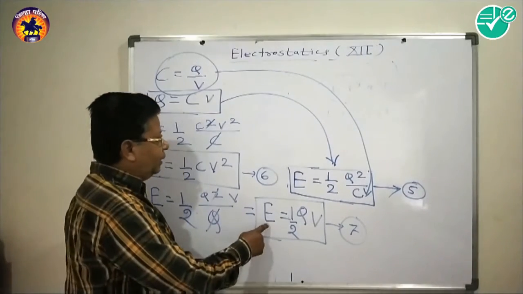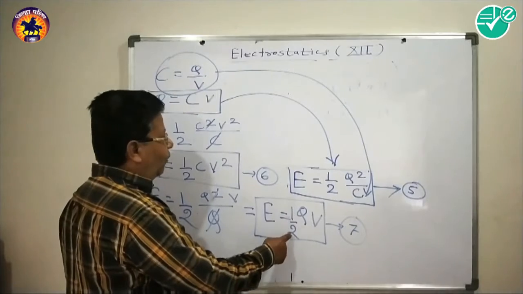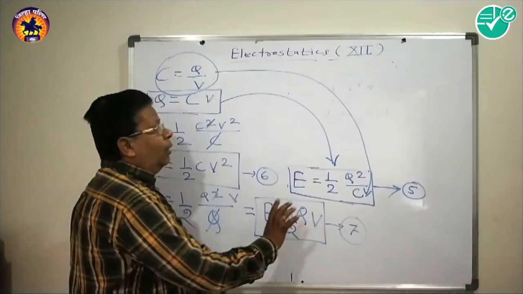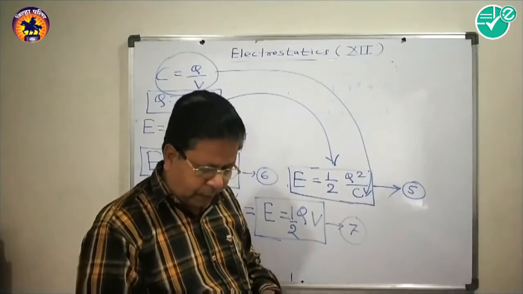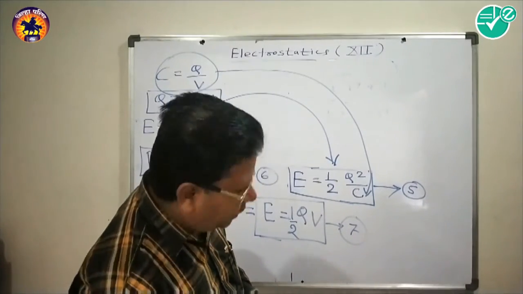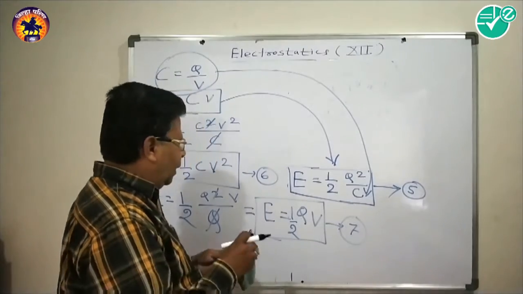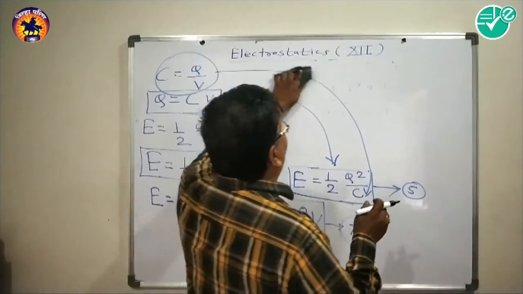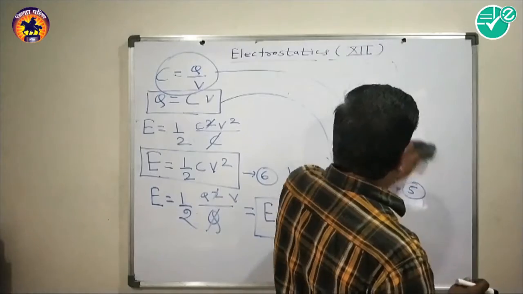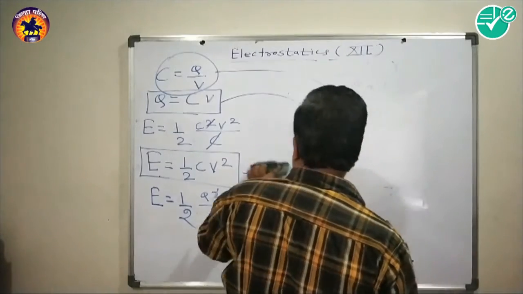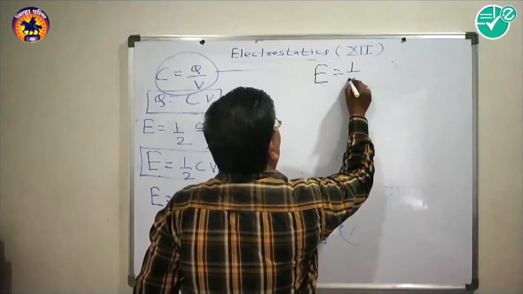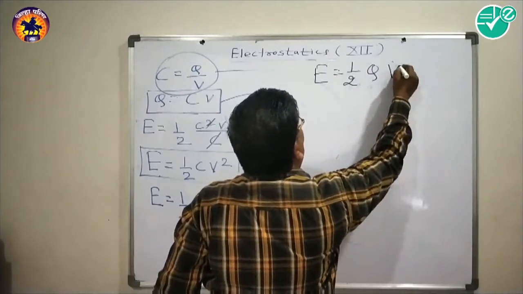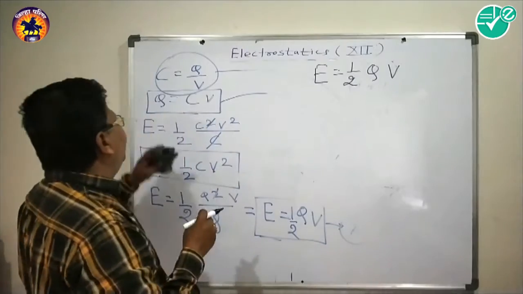And third one is E is equal to 1 by 2 Q into V. Then if we concentrate on equation number 7 for energy stored by the capacitor, which is E is equal to 1 by 2 into QV.